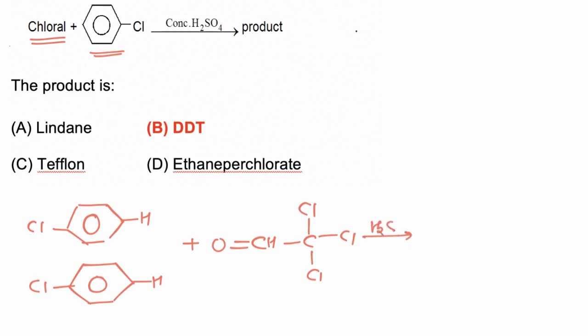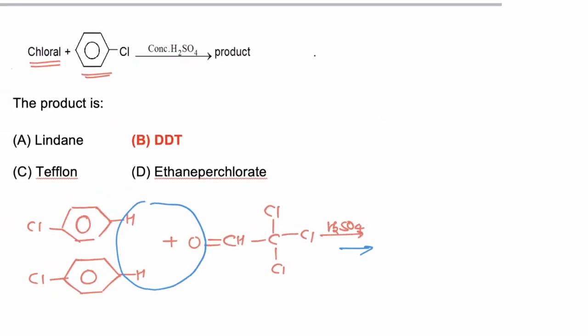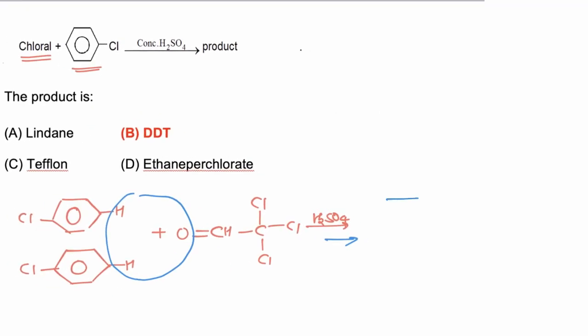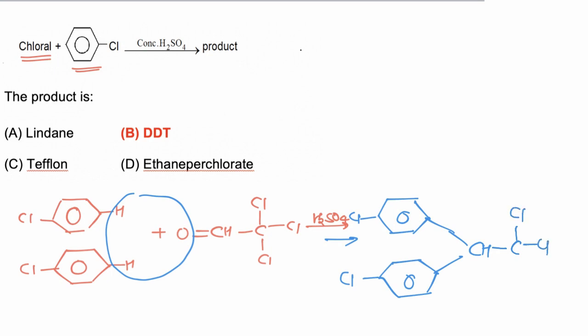In presence of concentrated H2SO4, water is eliminated, and after removal of the water molecule, we will get this molecule having 3 Cl.